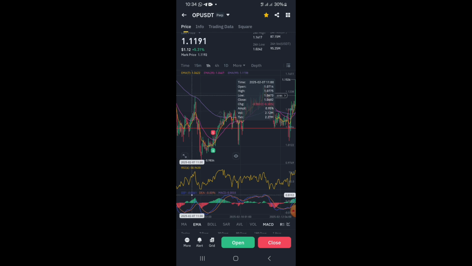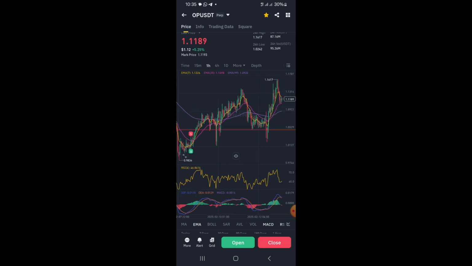The DIF is the MACD line, and the DEA is the signal line. Whenever you see the DIF number, the MACD line, above the DEA number, the signal line, that means there will be bullish in the market. But whenever you see the DIF number, the blue line, below the signal line, that means there will be bearish in the market.